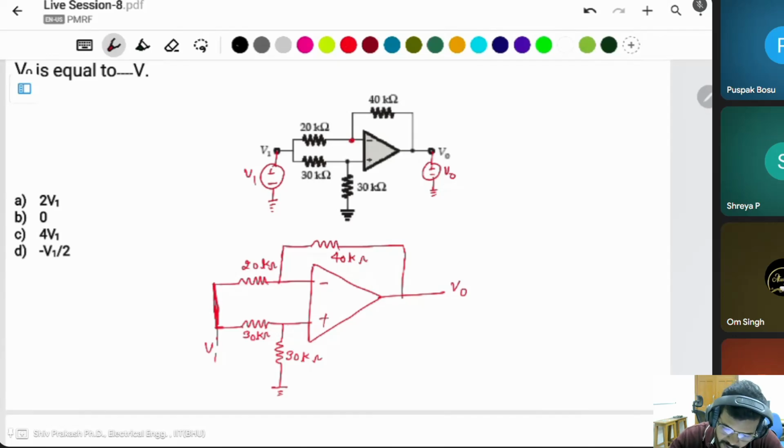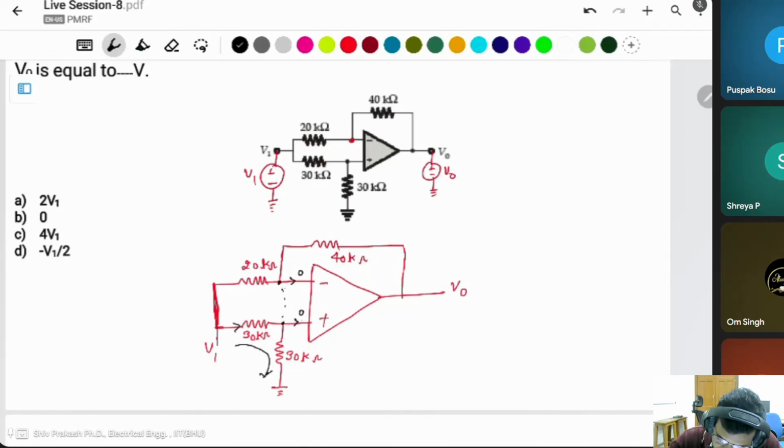This current is 0 in ideal cases. This voltage is the same as this voltage because of the virtual short. There is 0 current flowing. It means this current is totally flowing through it, grounded, and this is a 30 kilo ohm, the same resistance there.